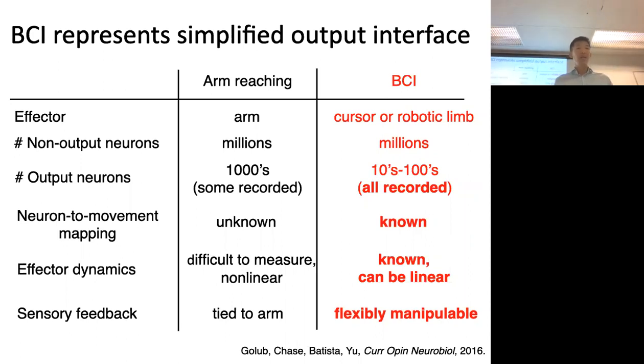However, a key difference here is that the number of output neurons is by definition those neurons that we recorded, right? So if we recorded 100 neurons, those are the 100 neurons whose activity will move the computer cursor. All the other neurons in the brain can still participate as long as they feed their activity through the neurons that we record.